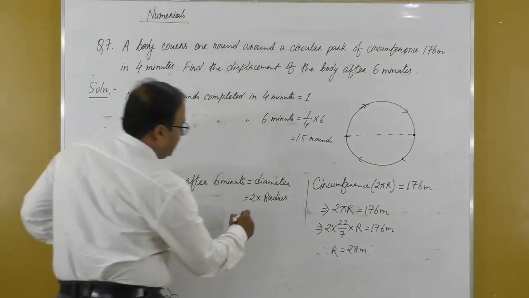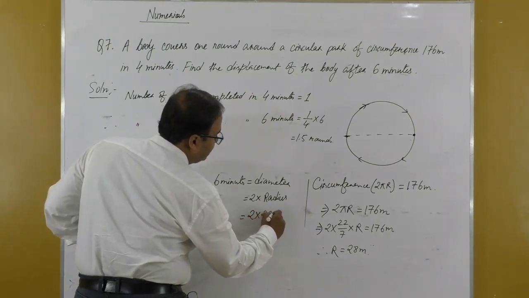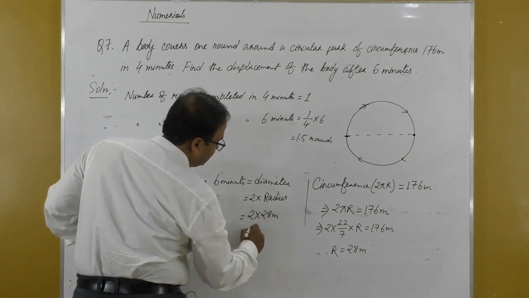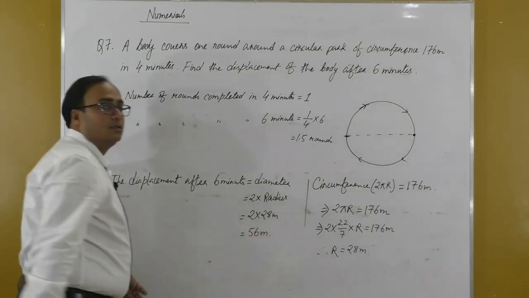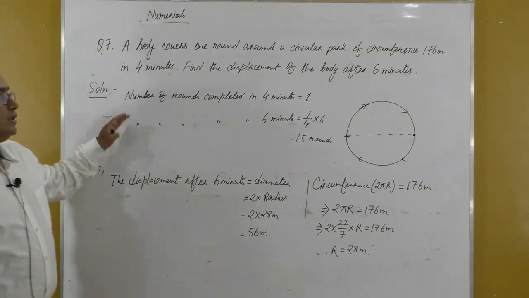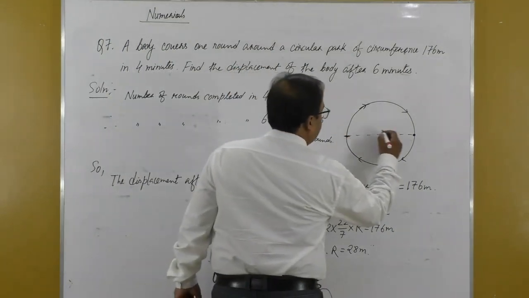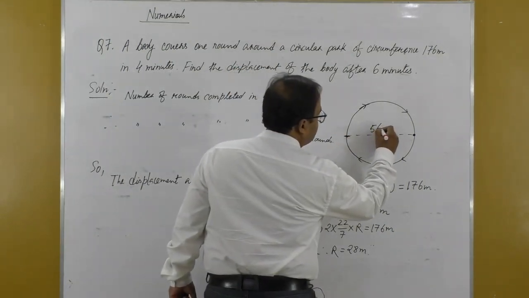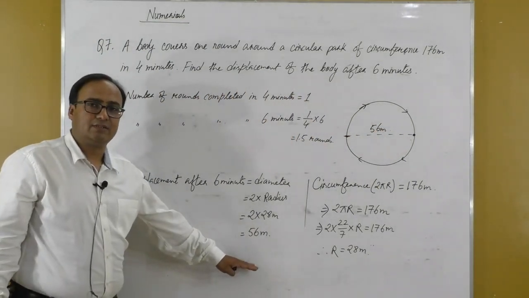Now the diameter is 2 into 28 meter, that is 56 meter. So the displacement of the body after 6 minutes will be equal to the diameter, and the diameter is 56 meter. So the displacement is 56 meter.